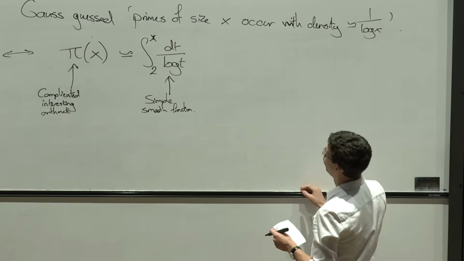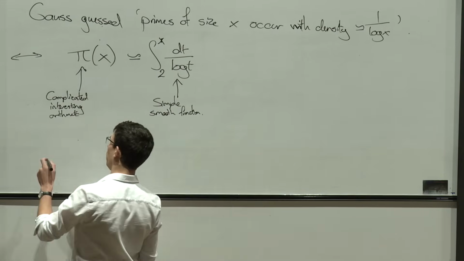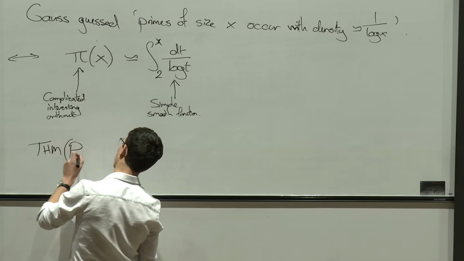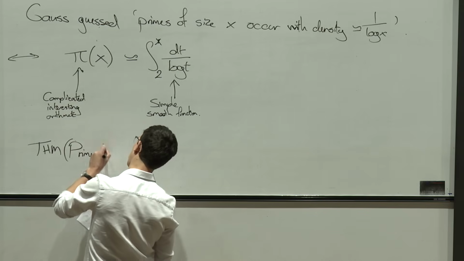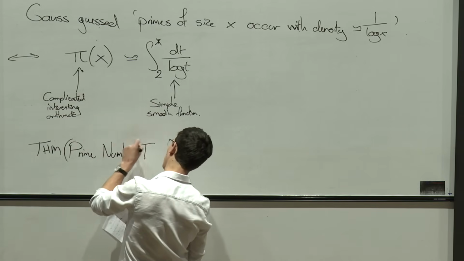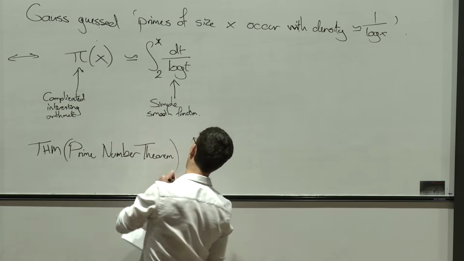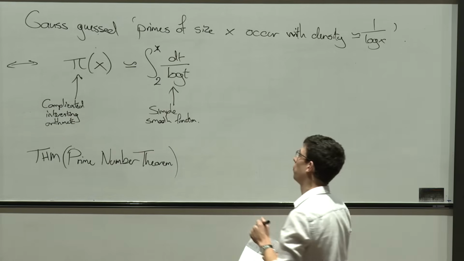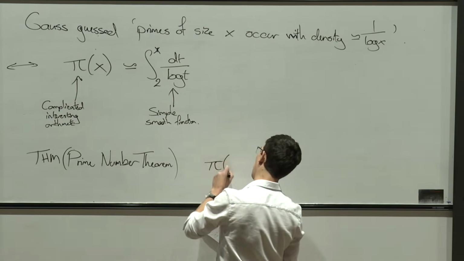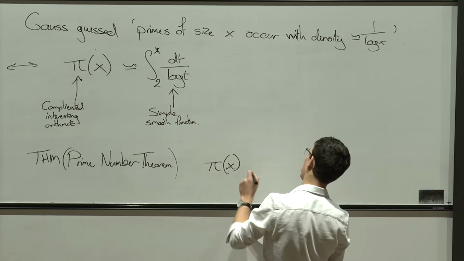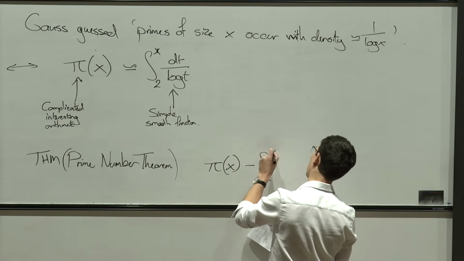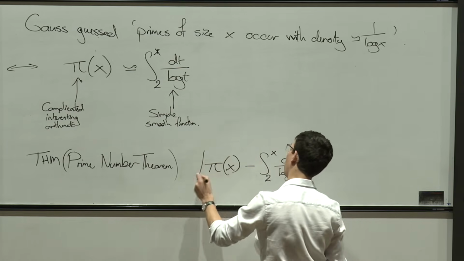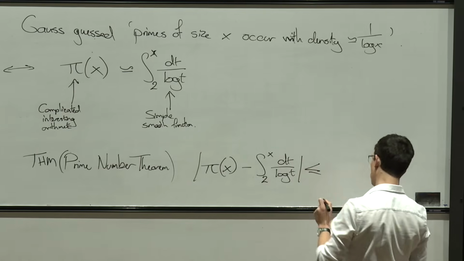So one of, or maybe the main goal of the course is to prove the following theorem, which is known as the prime number theorem. There's various different formulations of this, but one formulation says that if I look at the difference between these two objects, then this is small.